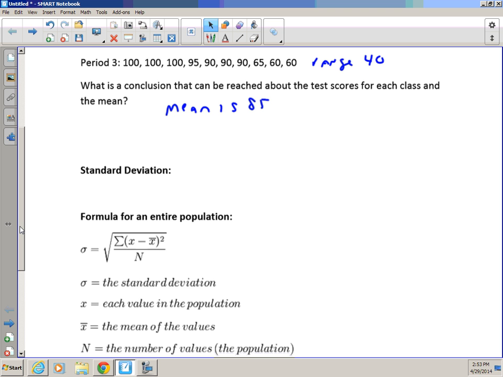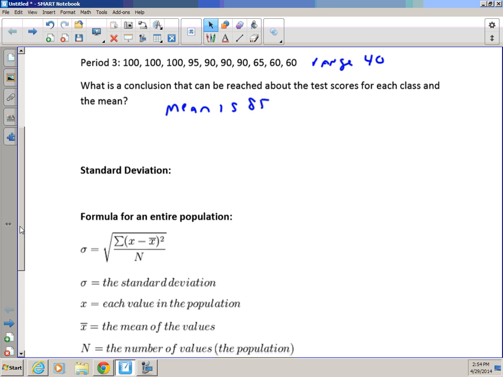The standard deviation is the measure, and I'll write this down in a second, of how far apart the individual scores are from the mean. So what we're trying to do is to figure out the dispersion of the data. So just give me one quick second. I'll write down that definition up on the board, and then we'll go through some examples.